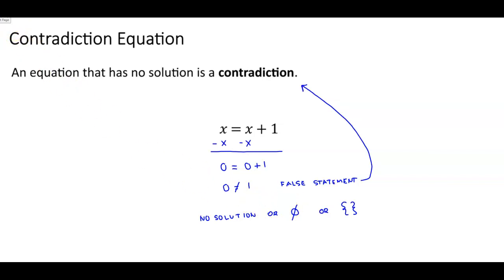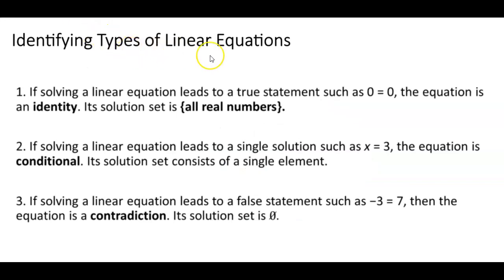So let's go ahead and review this. Identifying types of linear equations. Number 1, if solving a linear equation leads to a true statement, such as 0 equals 0, the equation is an identity. Its solution set is all real numbers. Number 2, if solving a linear equation leads to a single solution, such as x equals 3, the equation is conditional.